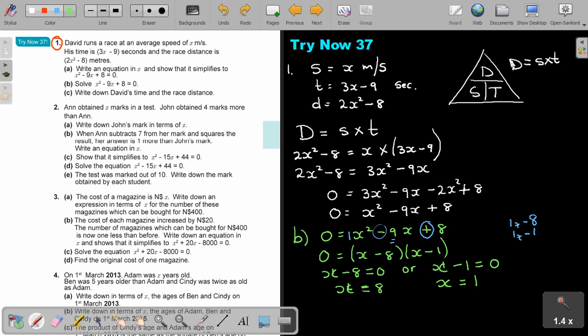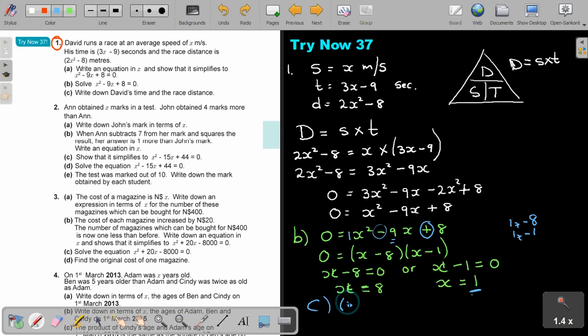And now I start with C. Write down David's time and the race distance. Now, if you look at this, if you have 8 there, that will work. But if you have that 1 and substitute it there, then it's 3 minus 9, negative 6. It cannot be.